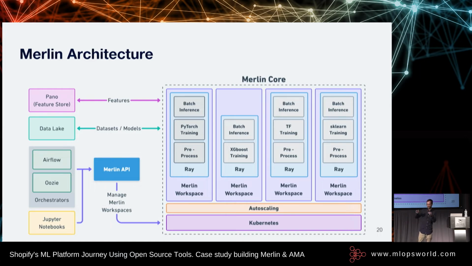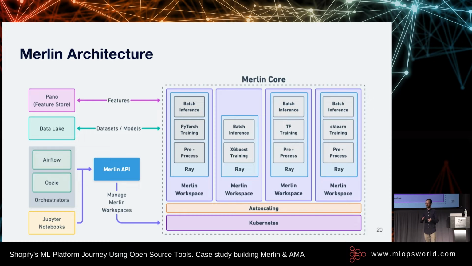And so in this Merlin core, in that box, we can see the scalability that we can give to our users. Each Merlin workspace can also access our feature store, which we call Pano, for features, and our data lake to load data sets or models or to save new models that we just trained.